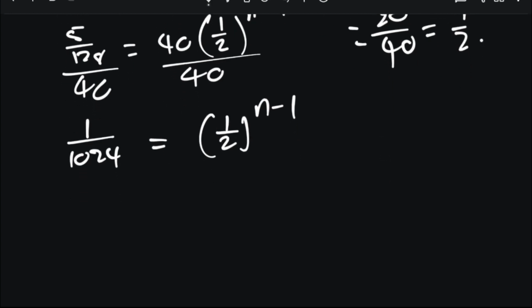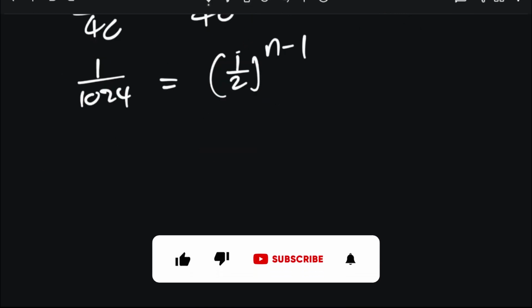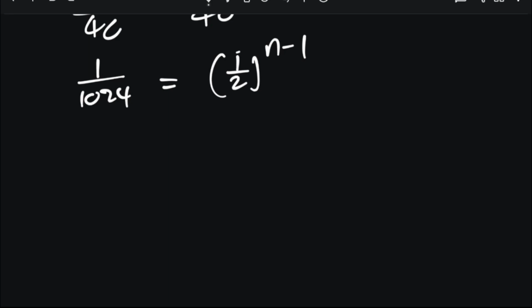Now we can make the bases the same on both sides, in order to equate the exponents. For us to be able to equate the exponents, the bases must be the same. When you have a huge number like this, what I would advise you to do is firstly take the square root of 1024.